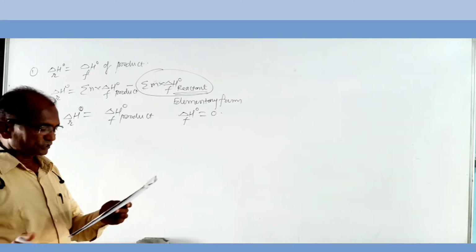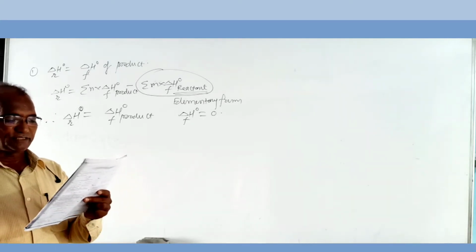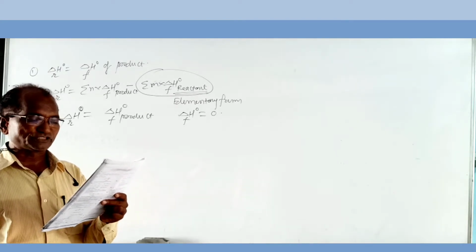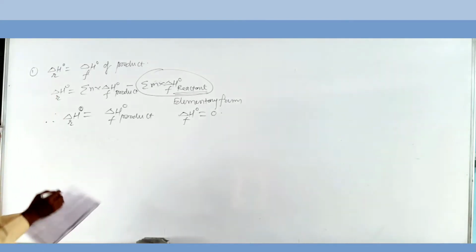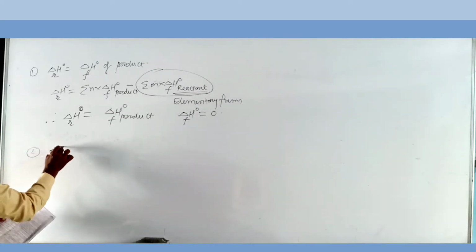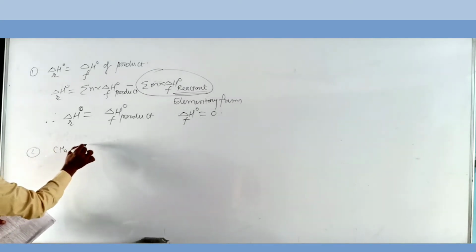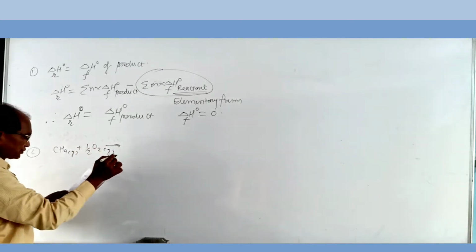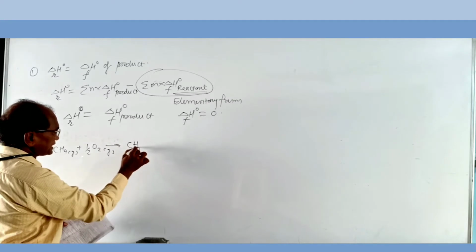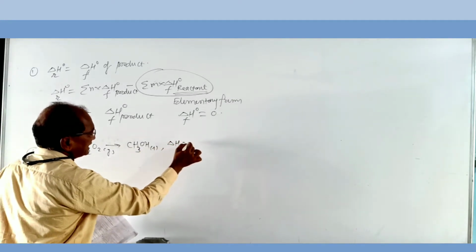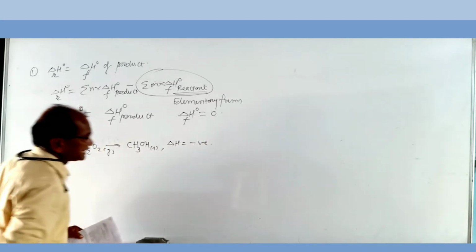Then second MCQ: enthalpy change of CH4 gas plus half O2 gas, which gives rise to CH3OH liquid, delta H is negative.